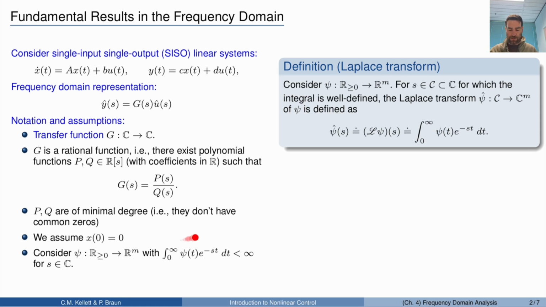And when this integral is finite, based on this integral, we define the Laplace transform. So for a function psi and for an arbitrary complex number s, we denote phi hat of s as the Laplace transform of the function psi, defined through this integral.